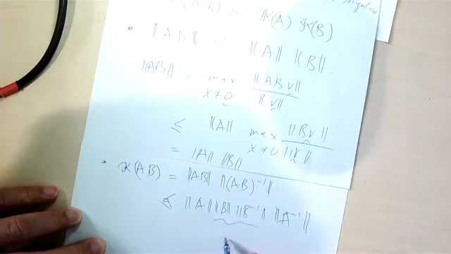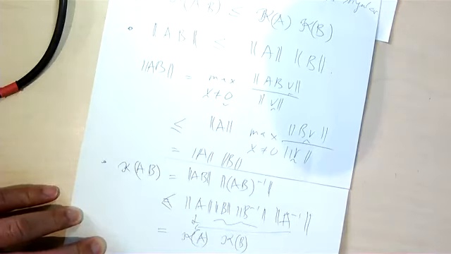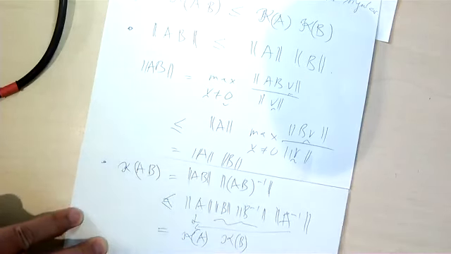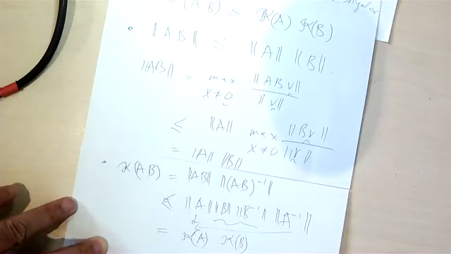And this one gives you the condition number of B. And this one gives you the condition number of A. So you prove it in 2 steps. First, you have to prove the norm for the product of the matrices, and then after that, you use the definition of the condition number. Okay. So this one has been done in the lecture notes or in the question.